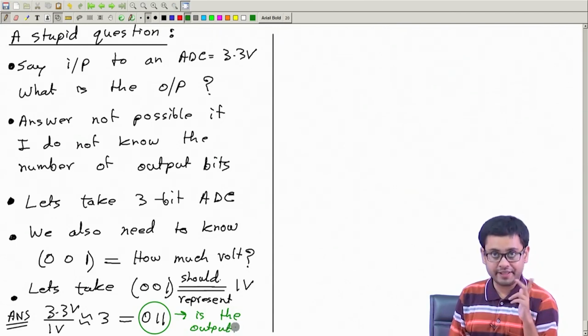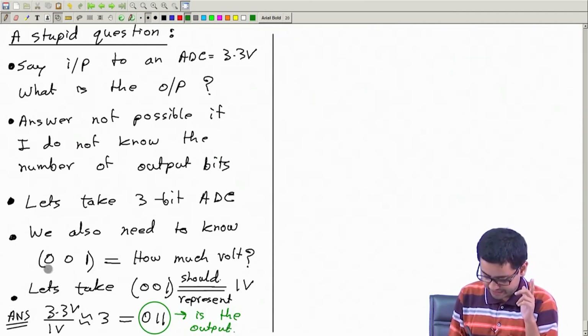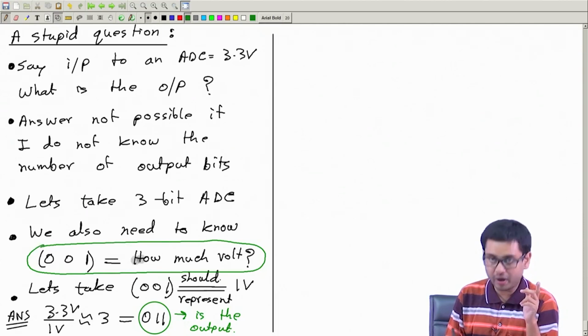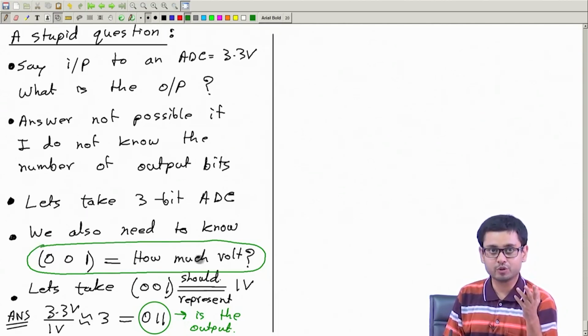So therefore, I need to know essentially this answer: how much this number is equivalent to in terms of the voltage. Otherwise, it's meaningless.